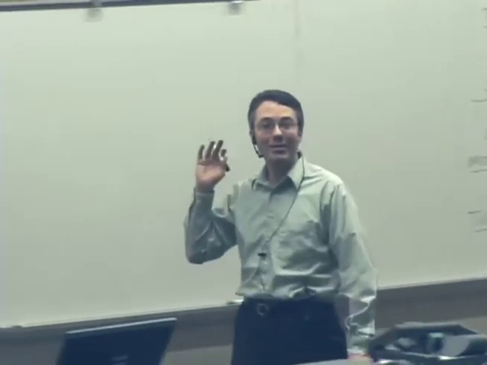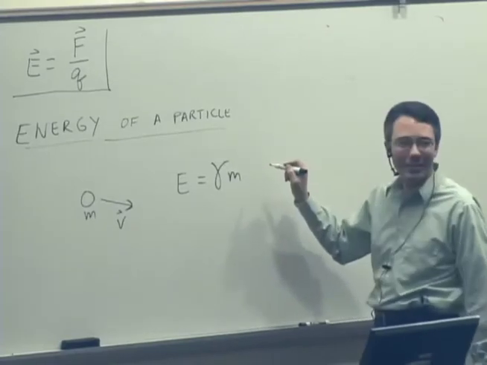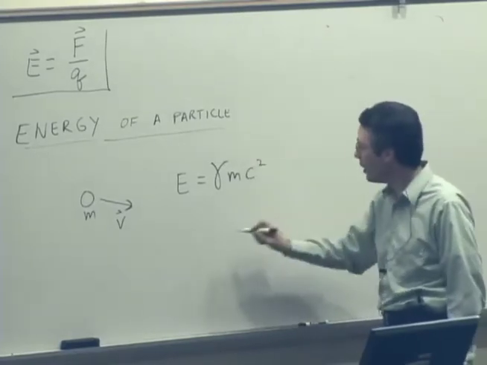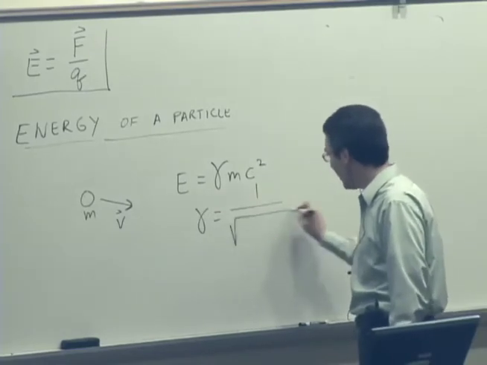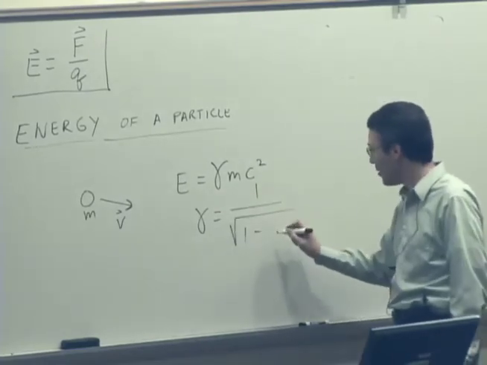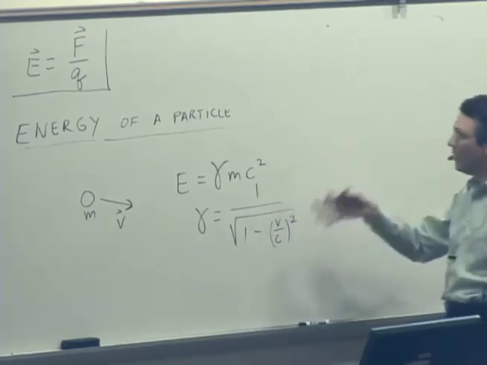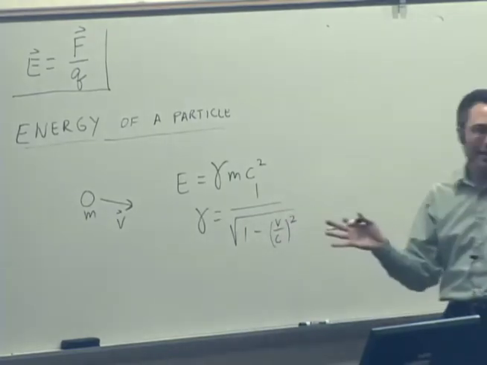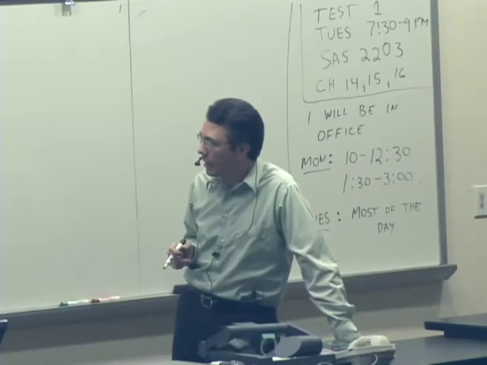It's gamma m times something, c squared. Yeah, gamma m c squared. What's gamma? Yeah, good. A lot of people remember it. 1 over the square root of 1 minus v over c squared. So this is the full, relativistically correct energy of a particle that comes out of Einstein's theory of relativity.